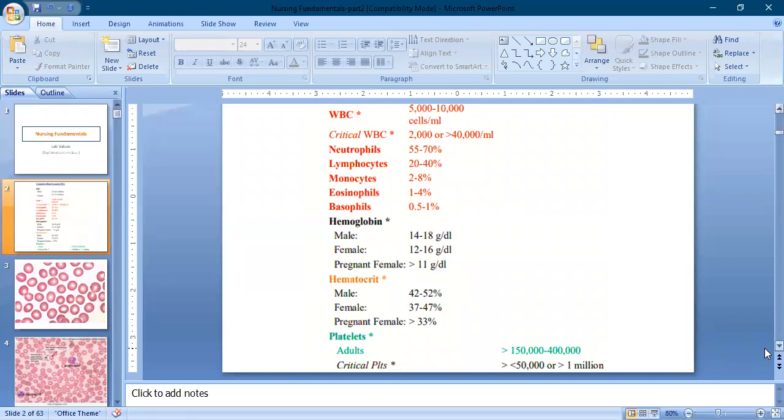I want to share one more thing: if the NCLEX board asks a question, in case of urinary tract infection or UTI, which cell is going to go up? WBC goes up in case of urinary infection. Yeah. So, hematocrit. What is hematocrit? We are going to talk about it here, right?